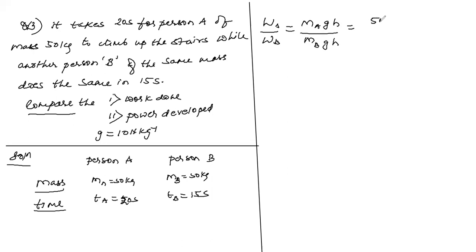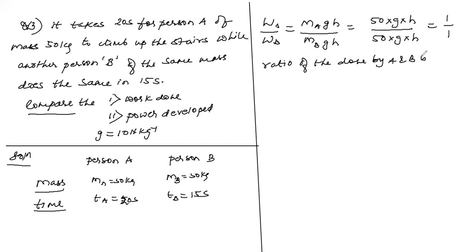Both are 50. The value of g and the value of h are the same. They are climbing to the same height. So everything gets cancelled. What will come, beta? 1 upon 1. So the ratio of the work done by A and B is 1:1.